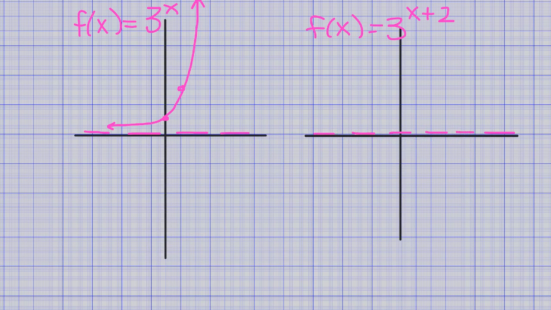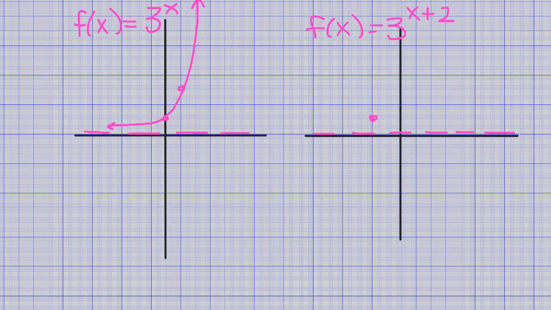So then we are going to move what normally would be a point right here, right? It's going to move 2 units to the left right there. Let me put that point right there.